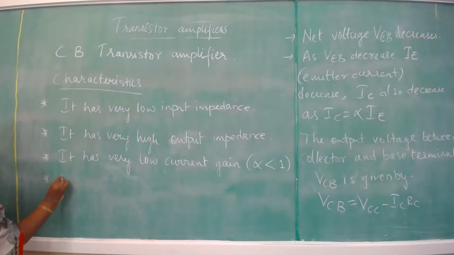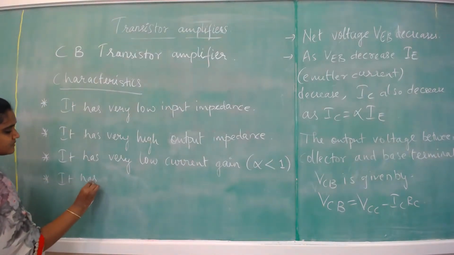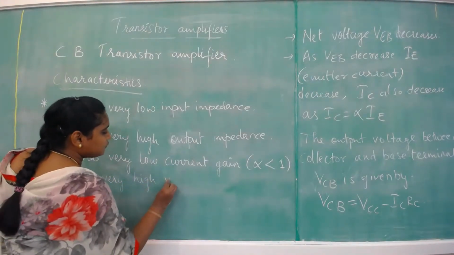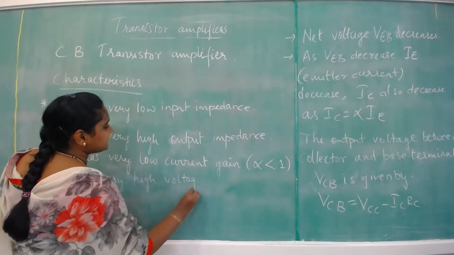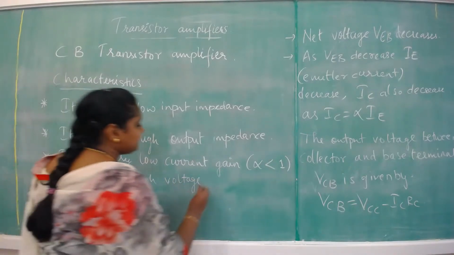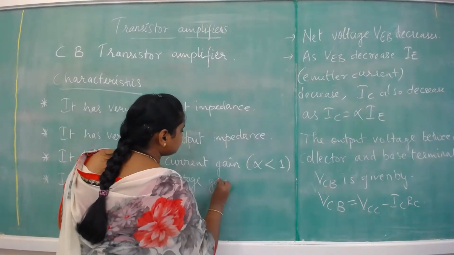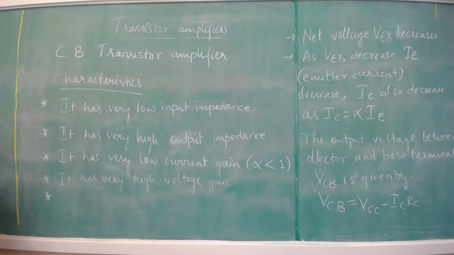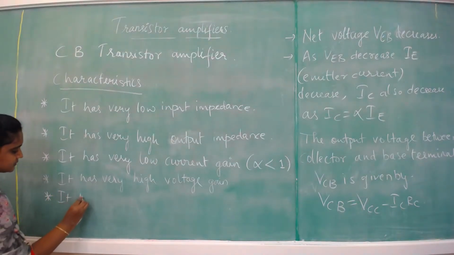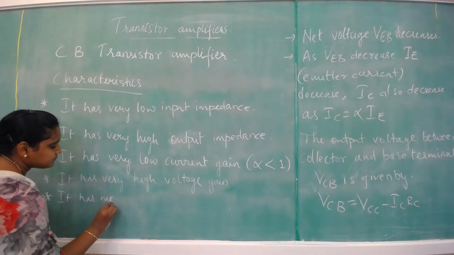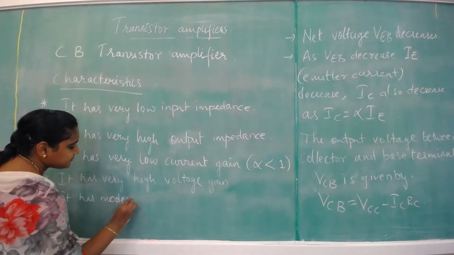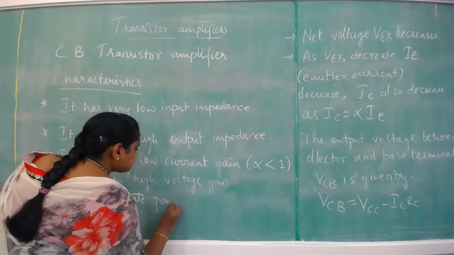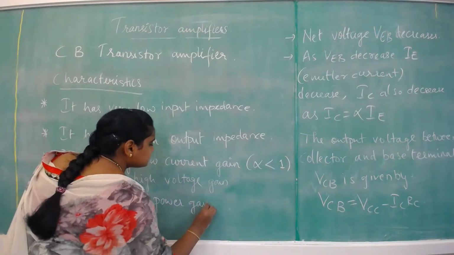Then it has very high voltage gain. Voltage gain is high, current gain is low. Next, it has moderate, that means medium, power gain.